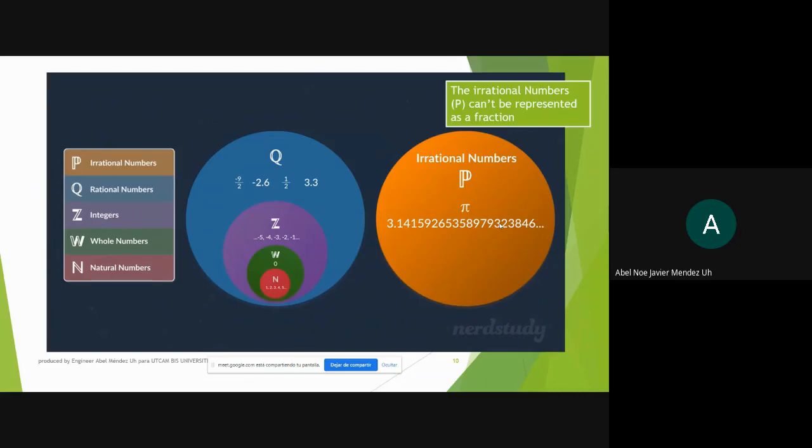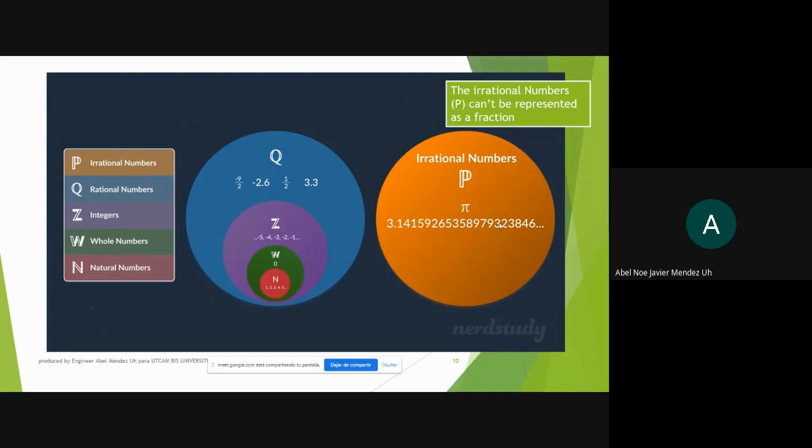In this slide, we can see at the right the rational numbers. It's another group that is not included in the rational numbers.